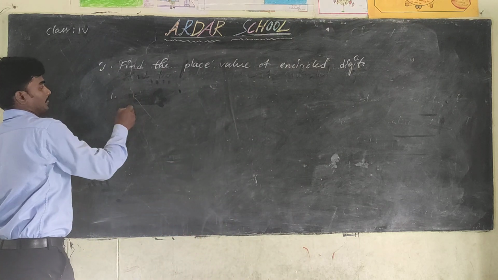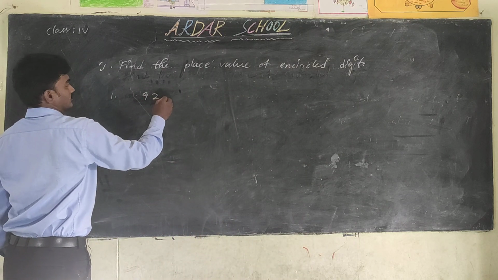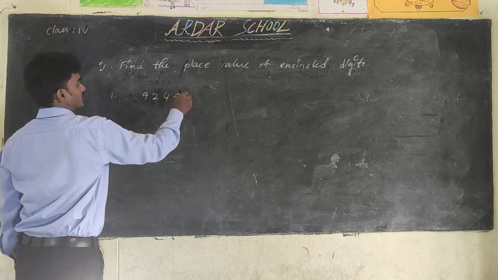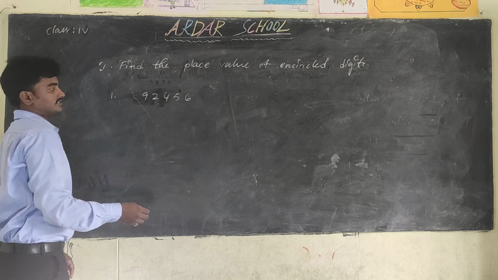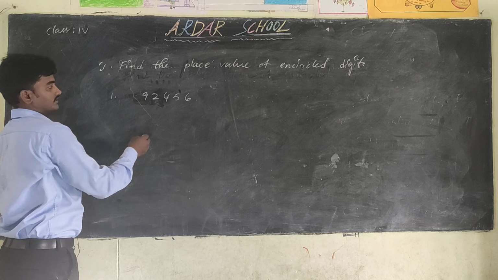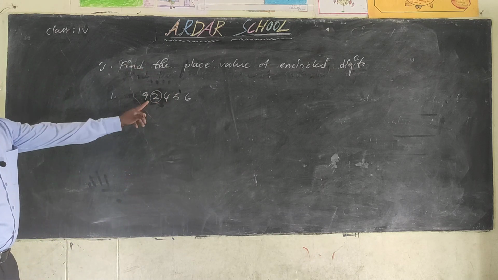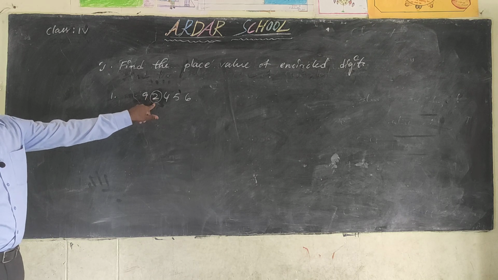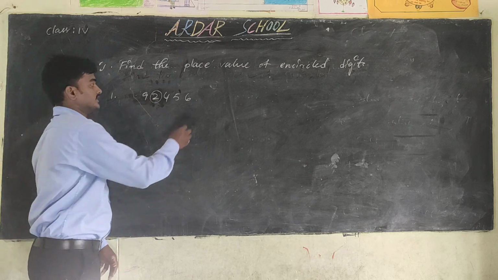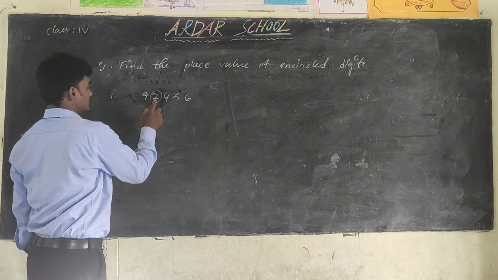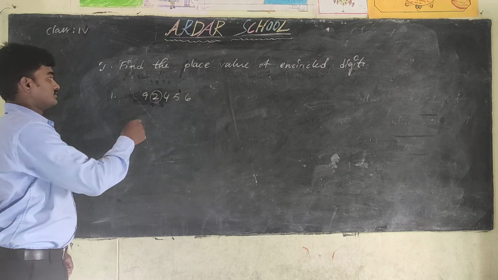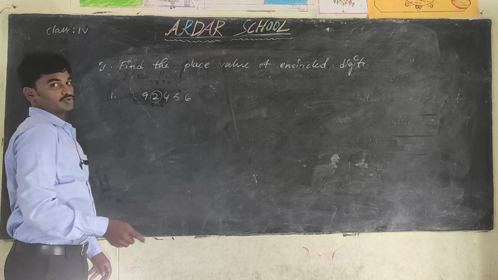First one, 92,456. In this numeral, I encircle the digit 2. So here in this numeral, we want to know the place value of 2.